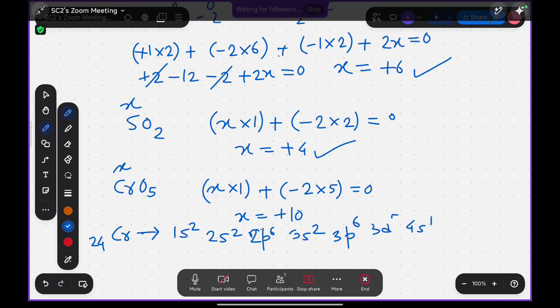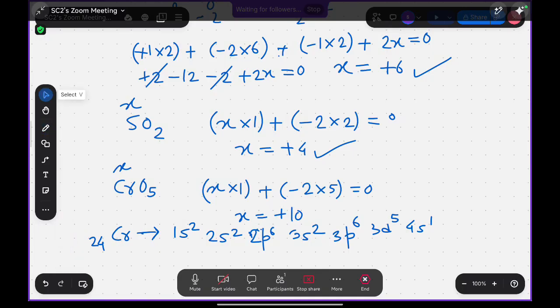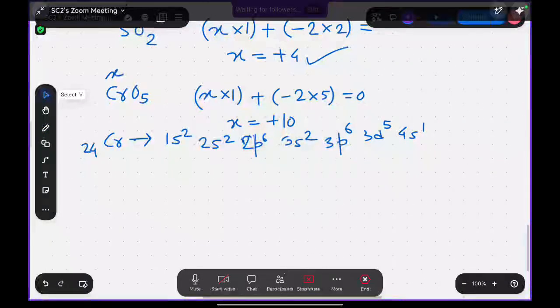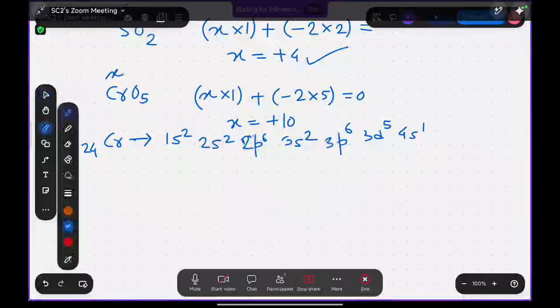Chromium shows an exceptional electronic configuration, so it is 3s2, 3p6, 3d5, 4s1. See, up to 3p6, isn't it having 18 electrons? 2 plus 2, 4, 4 plus 6, 10, 10 plus 2, 12, 12 plus 6, 18.